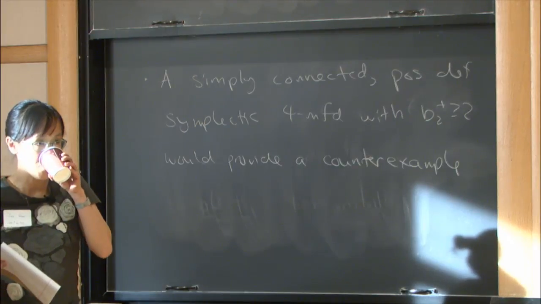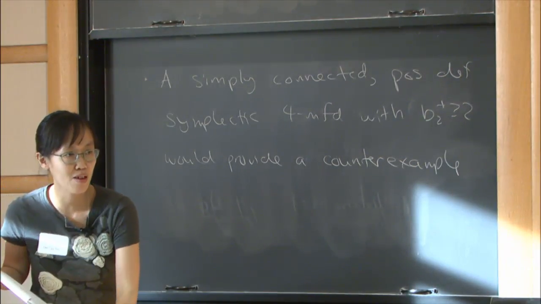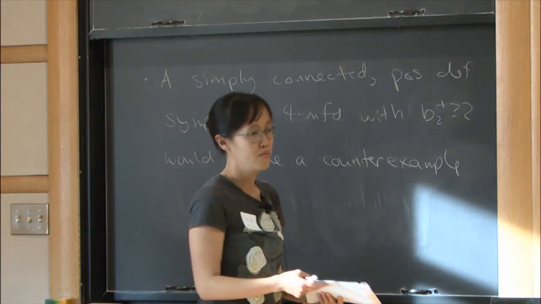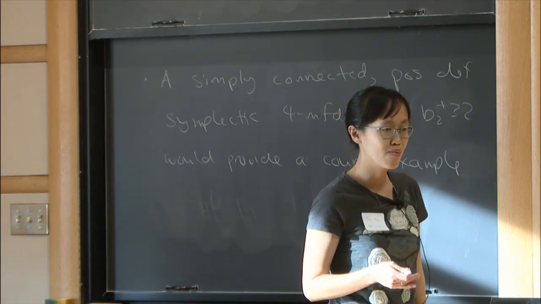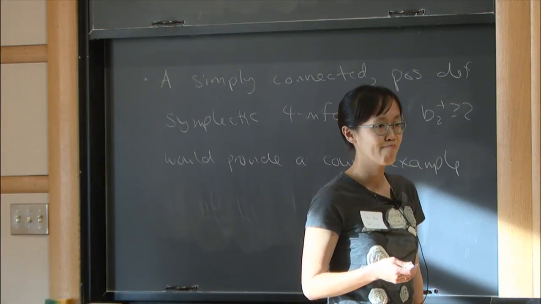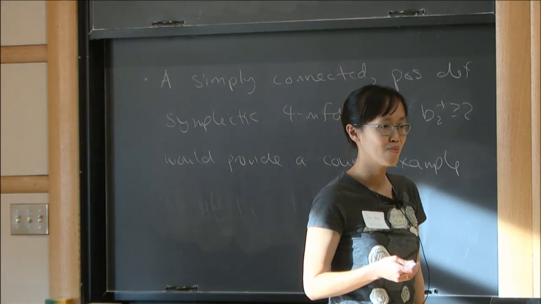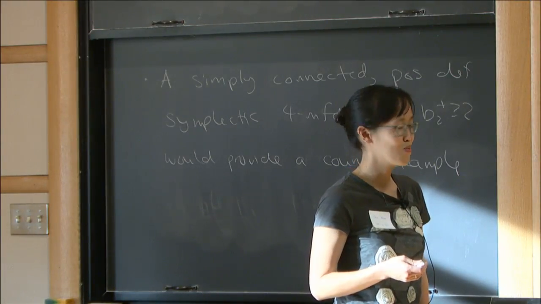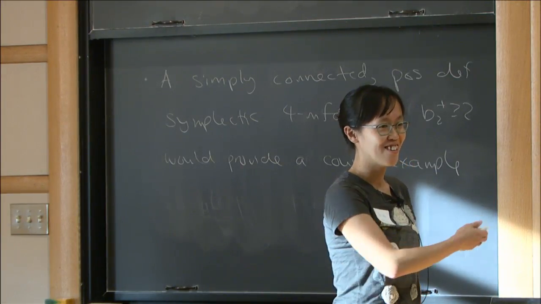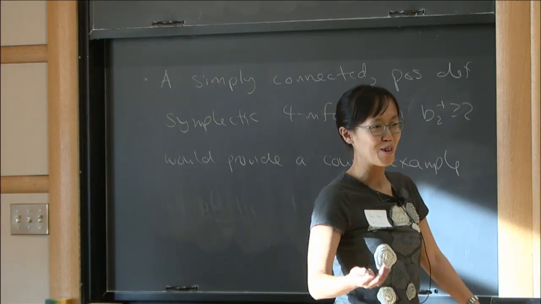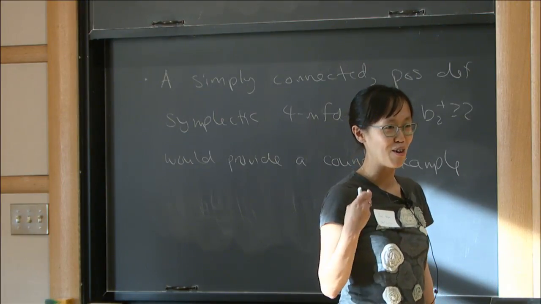Do you think such an example exists? I assume your proof relies on having no one handles, but is it a technical thing that you could get around? We thought about eliminating this hypothesis and we weren't able to get around it, but maybe that's a failure on our part.